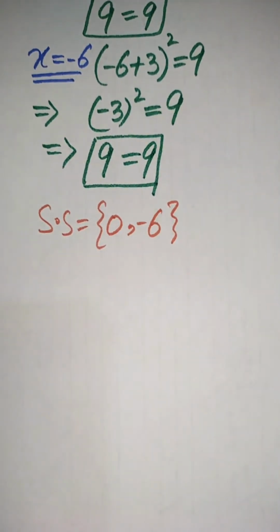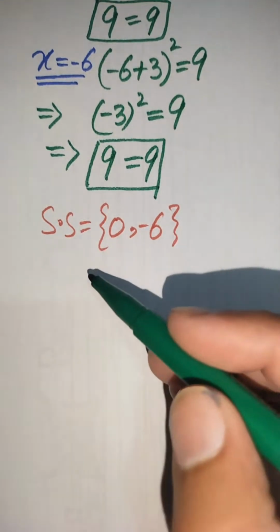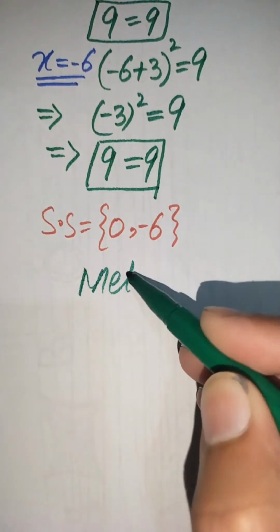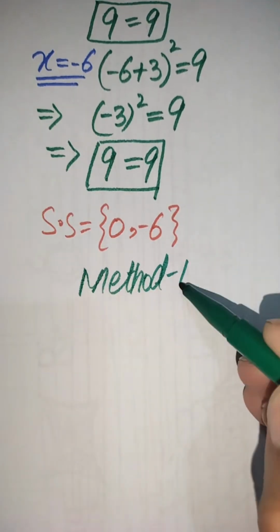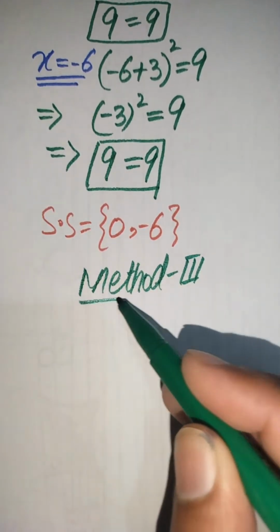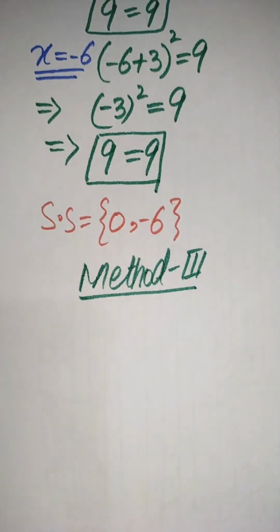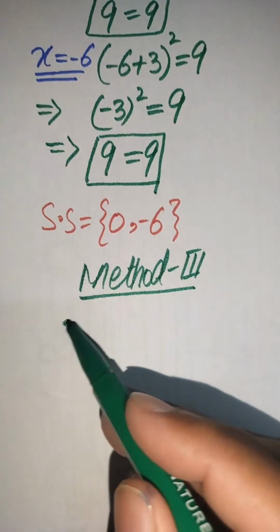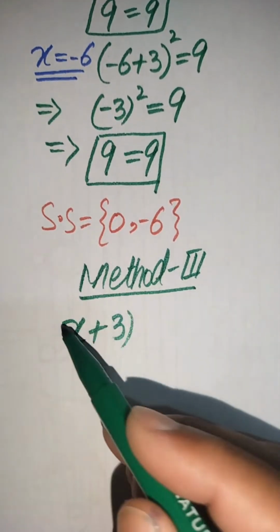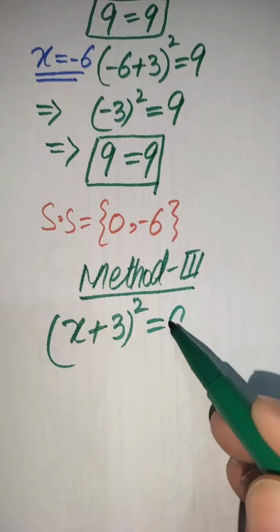And now we move towards our third method. In the third method, we again copy down the given question statement, which is (x + 3)² = 9.